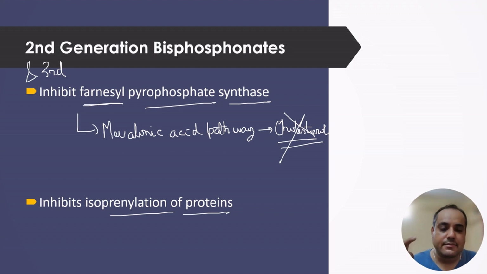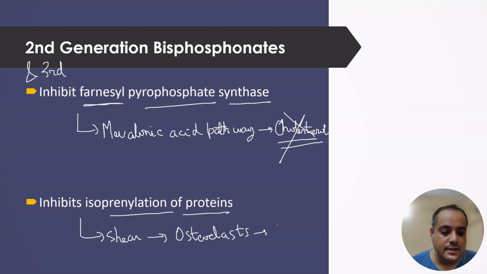Hence the response to the shear stress and strain is not proper, and because of this improper response, the osteoclasts will undergo cell death. So due to the inhibition of the farnesyl pyrophosphate synthase as well as the inhibition of the isoprenylation of the protein, the osteoclasts undergo cell death.